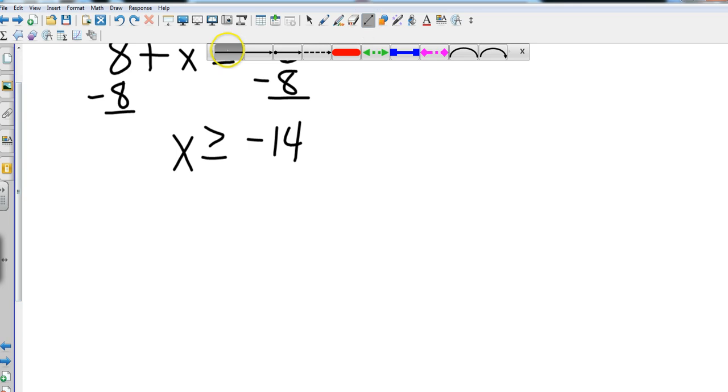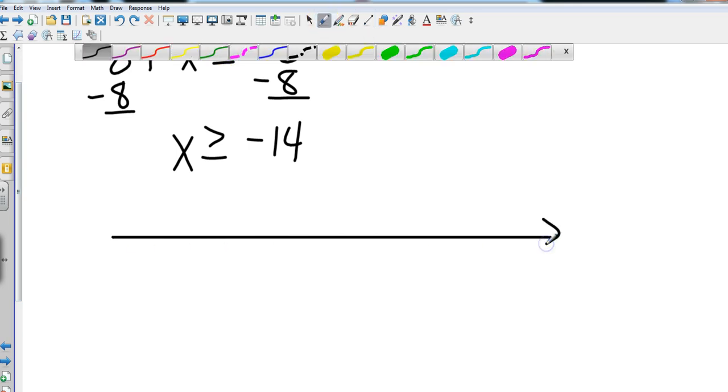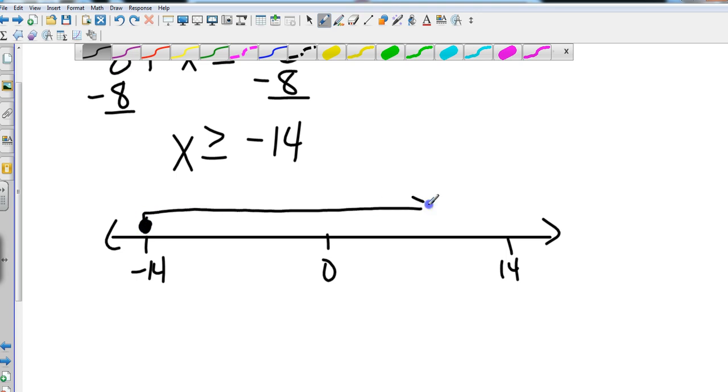And on a number line, I'm going to go with 14 and negative 14. In this case, it is greater than or equal to, so that is a closed circle above negative 14. And that is an arrow greater than to the right.